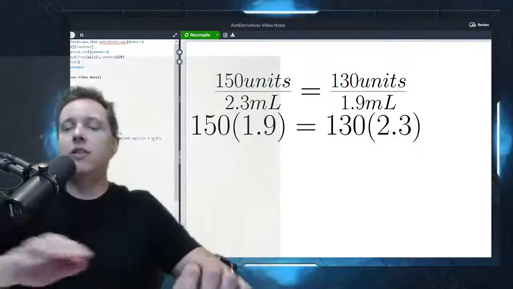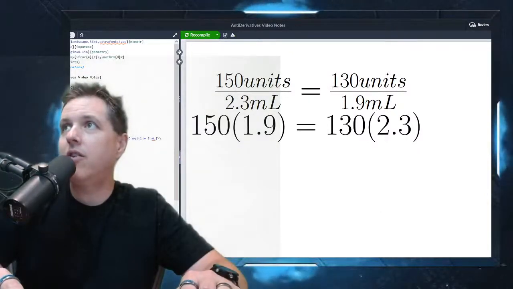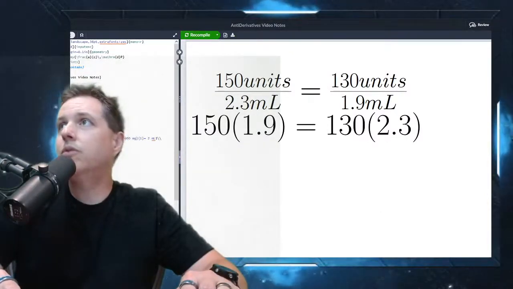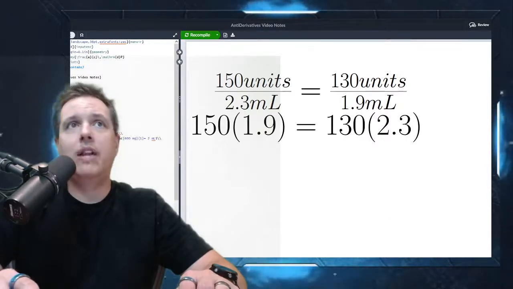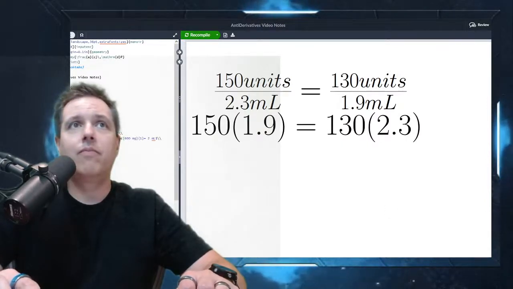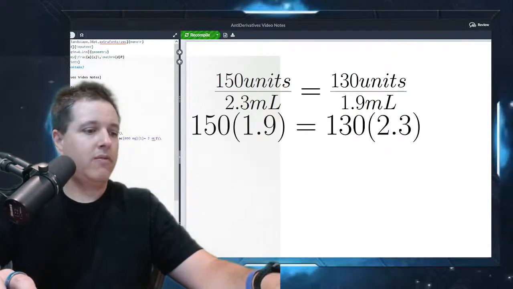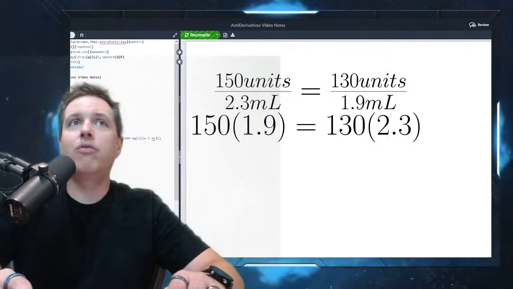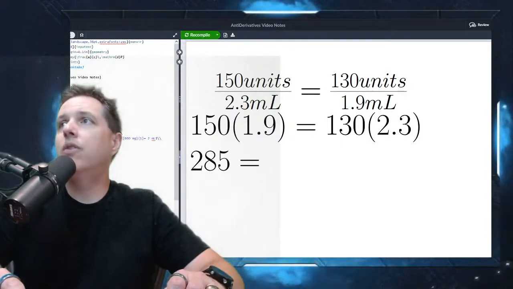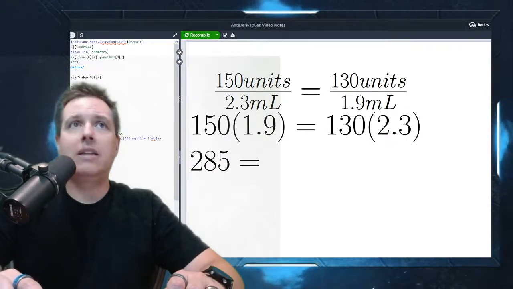This is where you might get a calculator out. 150 times 1.9 is 285. Okay, so 285 equals, and now what's 130 times 2.3? So 130 times 2.3 is 299.